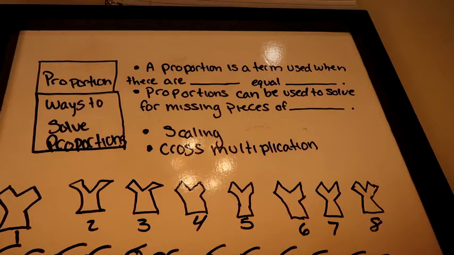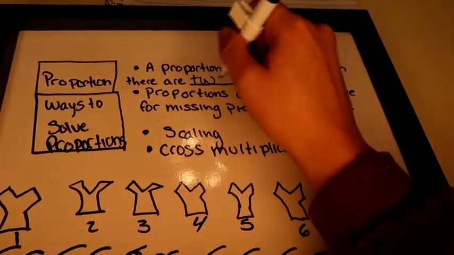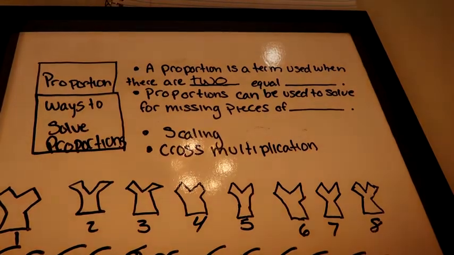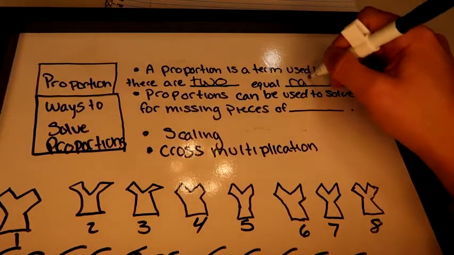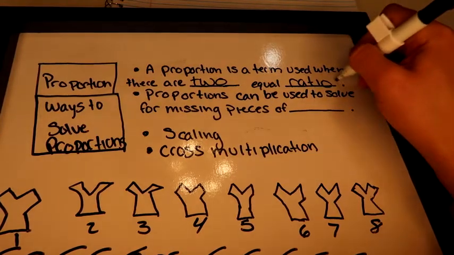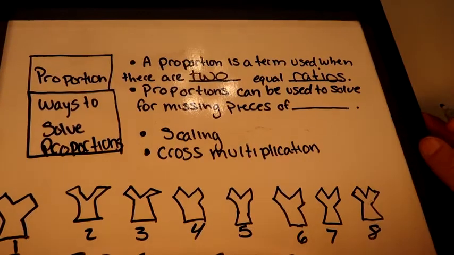So what is the term, or you can say what is the definition used when there are, and I don't want to smudge this with my big old hands, 2 equal ratios. When there are 2 equal ratios.